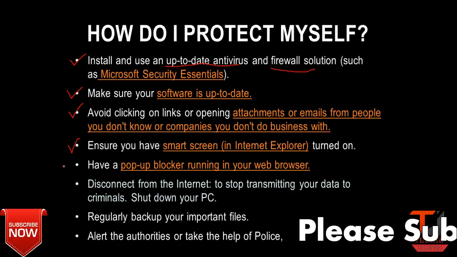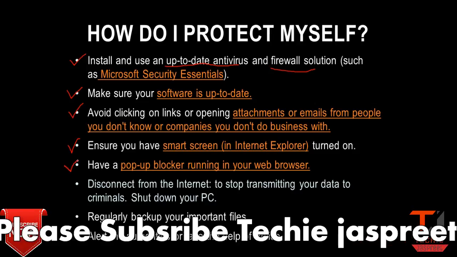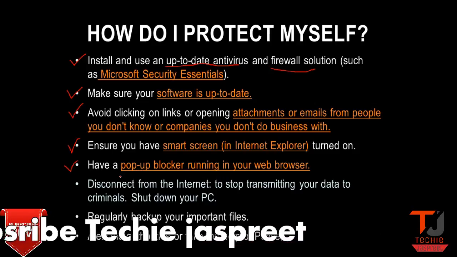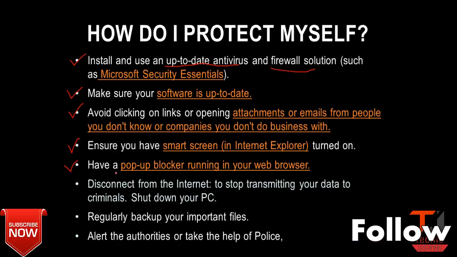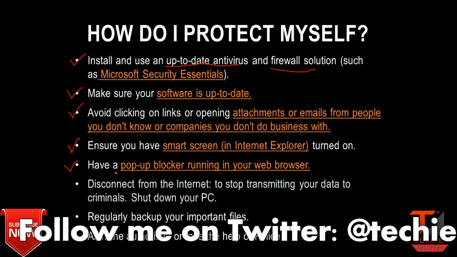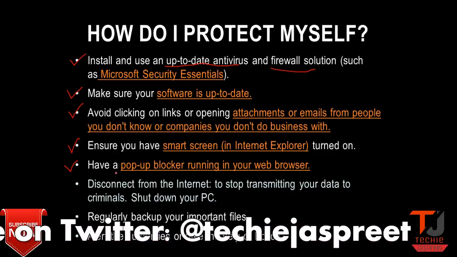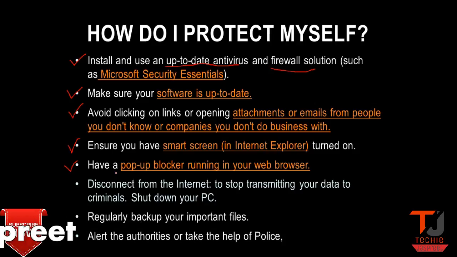And now the fifth step is you must enable a pop-up blocker. As you all know, a pop-up blocker is very important. If you are using Google Chrome, you will notice that in settings we have an option for pop-up blocker. It must be enabled, because if you are downloading something, whenever you click on download, 3 to 4 pages or links open automatically. That might most probably be a phishing attack sometimes.